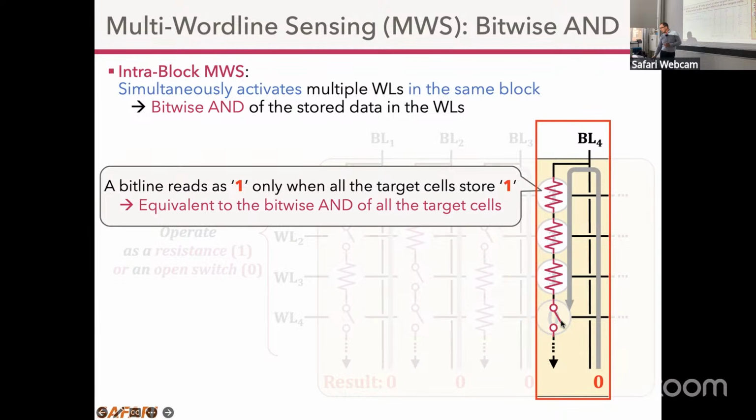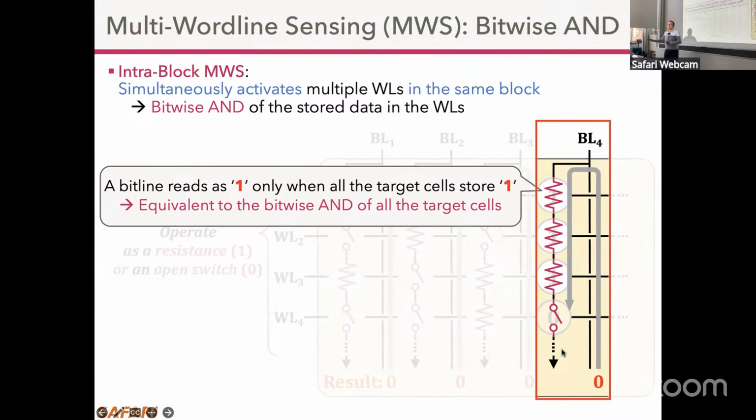The value 0 is open switch. And this is a bit string over here. So a bit line reads as 1 only when all of the target cells store 1. So if you simultaneously activate multiple word lines in the same block, you essentially get a bitwise AND of the stored data in the word lines.